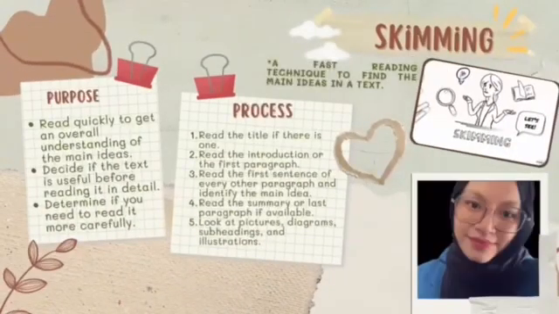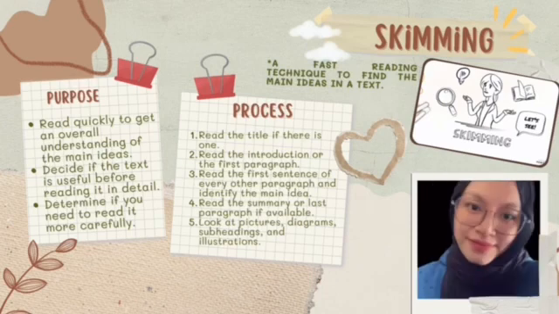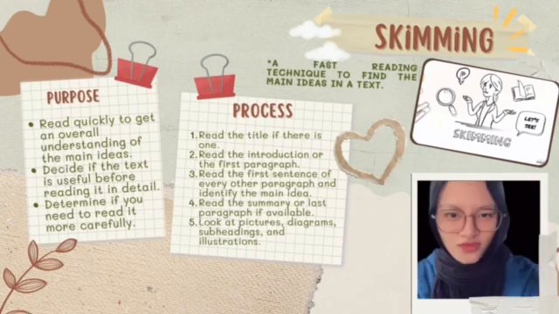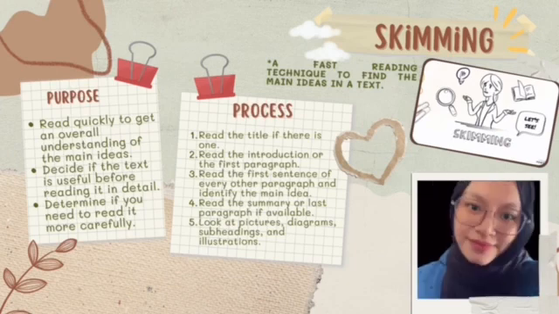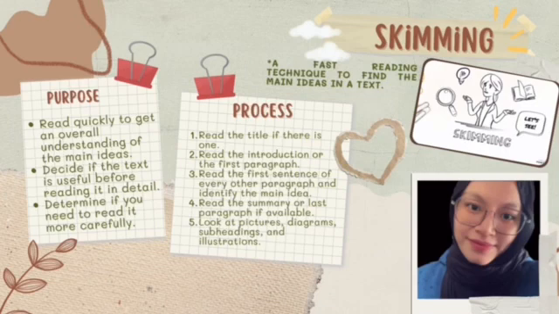So now, let's dive deeper into skimming, how it works and why it's such a useful skill. Have you ever been in a situation where you need to get the main idea of a text really quickly? Or maybe you are rushing an assignment, or you just want to check if a movie review is worth reading. That's where skimming comes in.